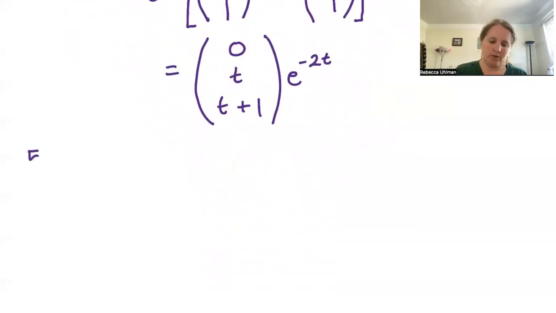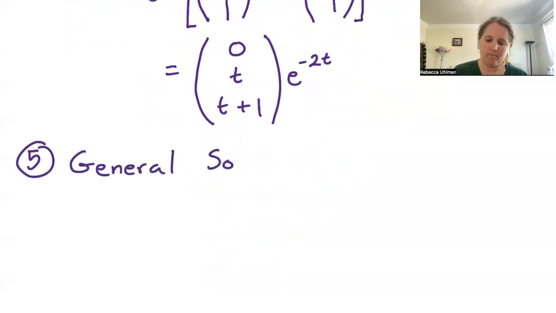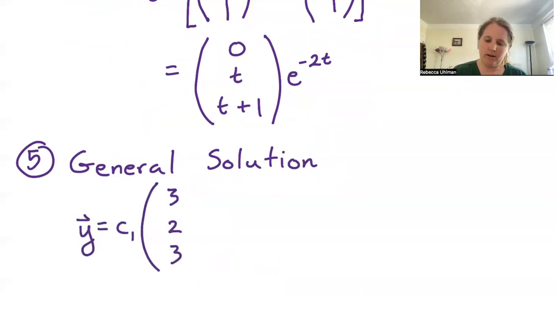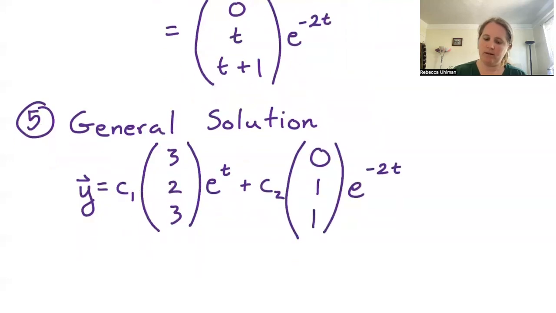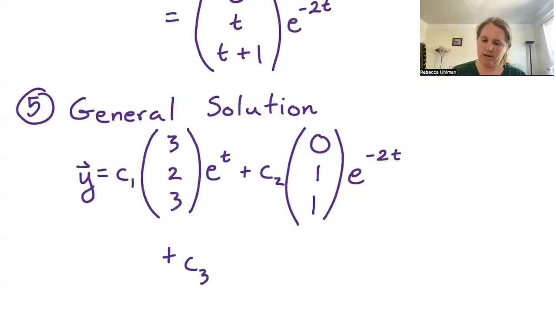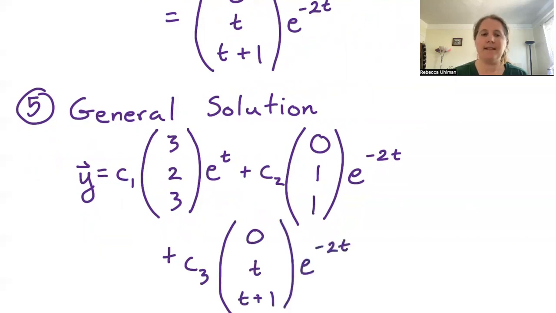Last up, we find our general solution. We have y is equal to c1 times 3, 2, 3 e to the t plus c2 times 0, 1, 1 e to the -2t plus c3 times 0, t, t plus 1, all multiplying e to the -2t.